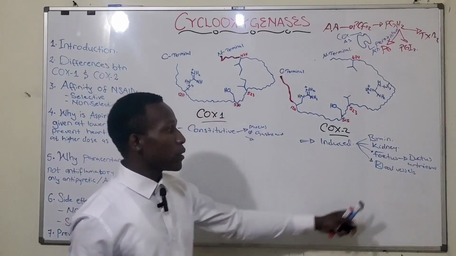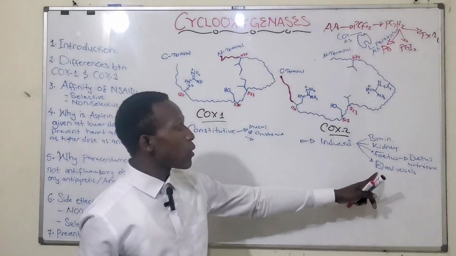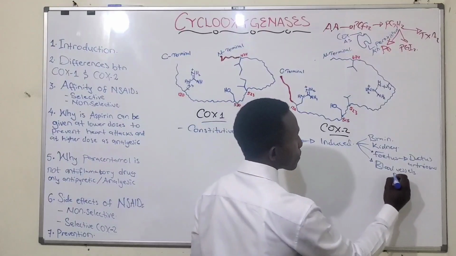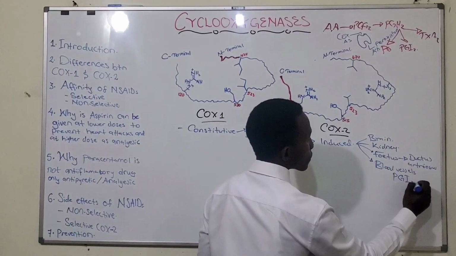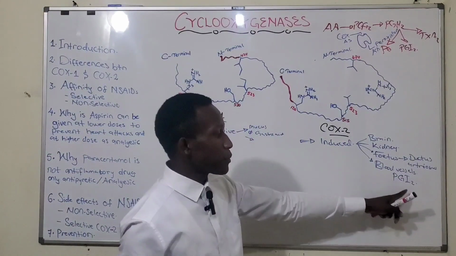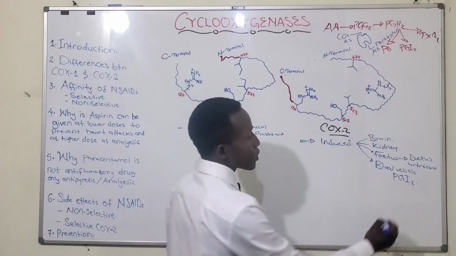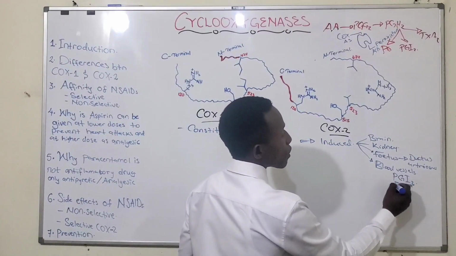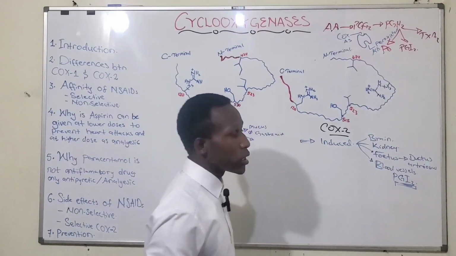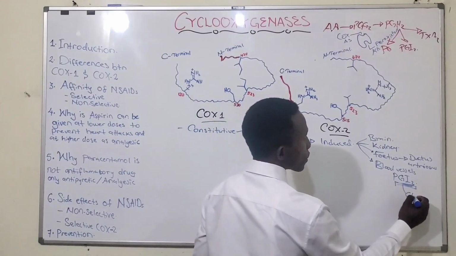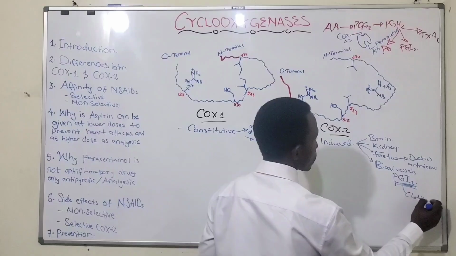This COX2 in the blood vessels, it prevents coagulation as it produces the prostacyclin. This prostacyclin antagonizes the effect of the thromboxane. So this one prevents the coagulation or the clotting.